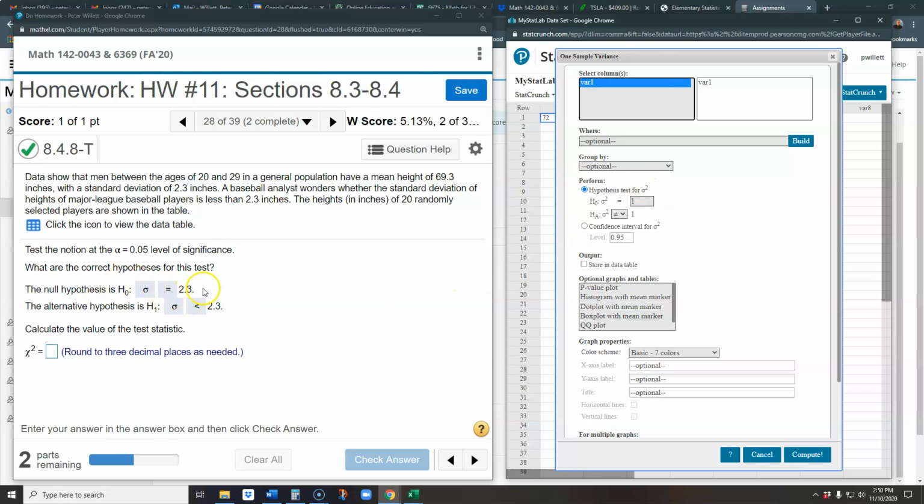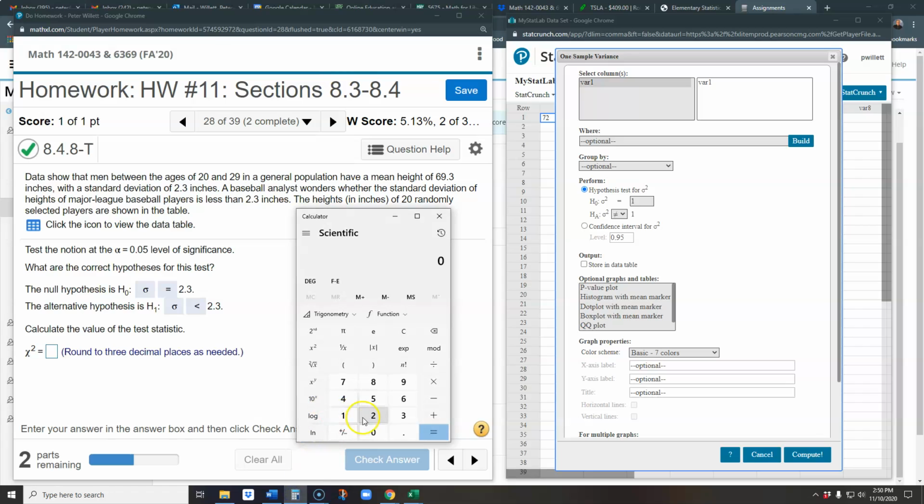So instead of entering 2.3 for my null hypothesis, I have to square 2.3 and enter that in. So I'm going to grab my calculator and go 2.3 squared. That's 5.29.